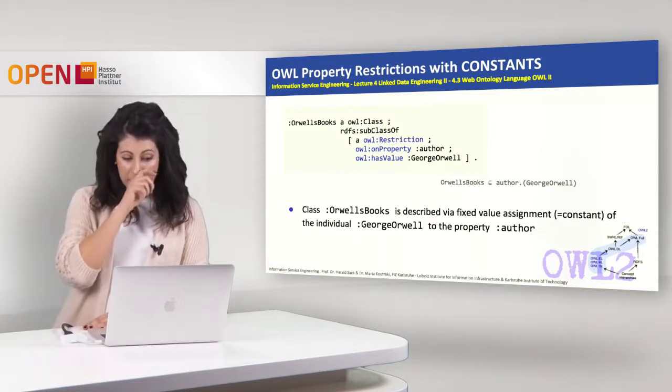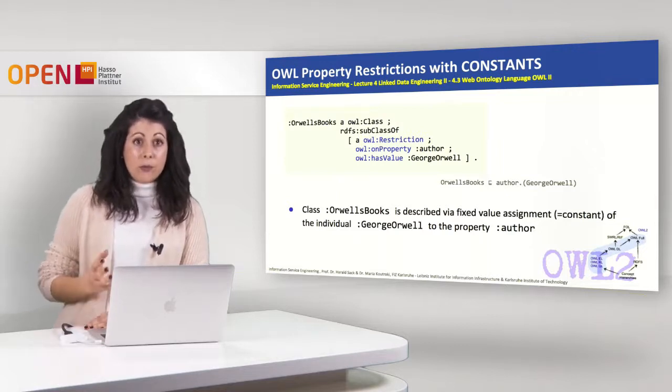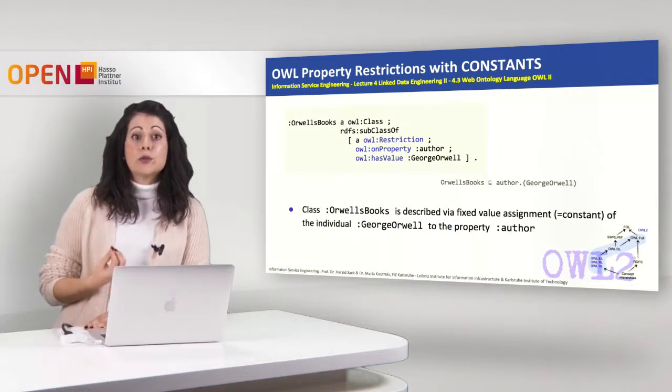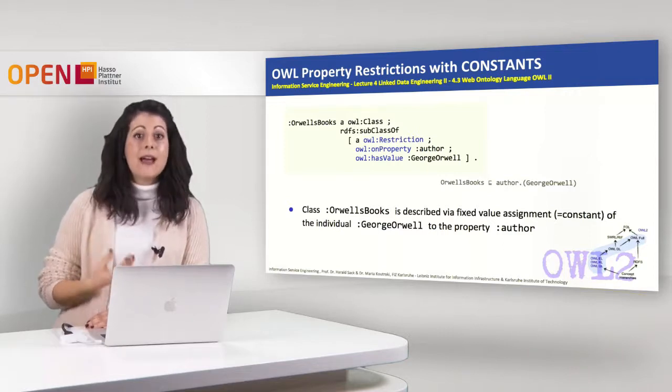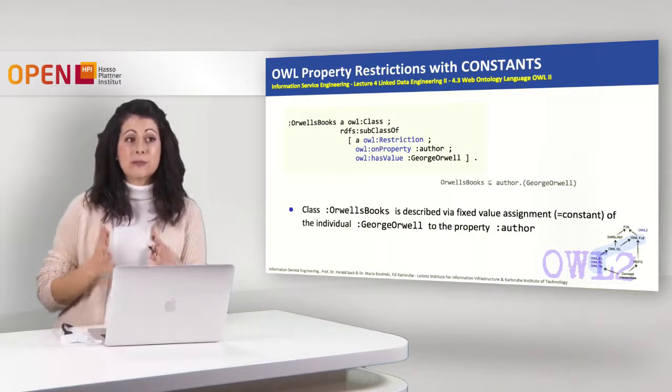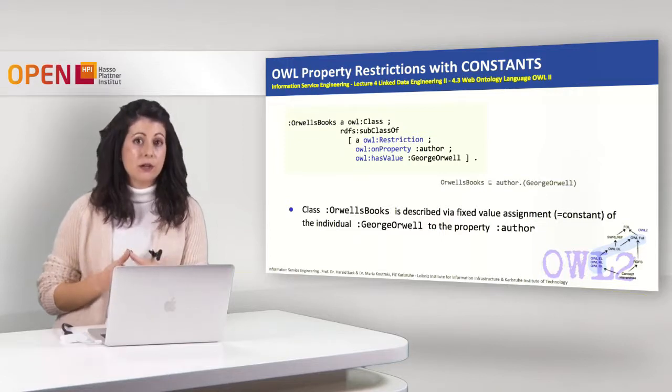We start with hasValue, which is the one where we restrict based on constants. So what do we want to do here? We want to create a class which is called OrwellsBooks. And what do we want to say? That we want to explicitly state that this class will contain books that are authored by George Orwell.